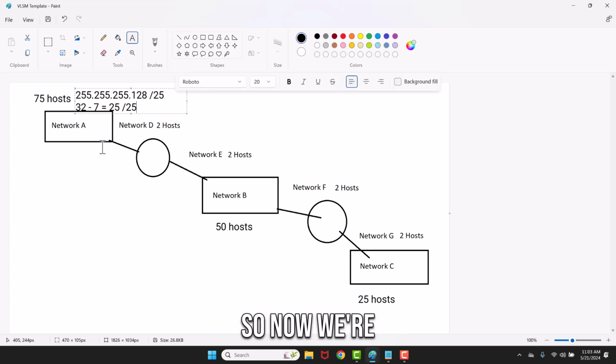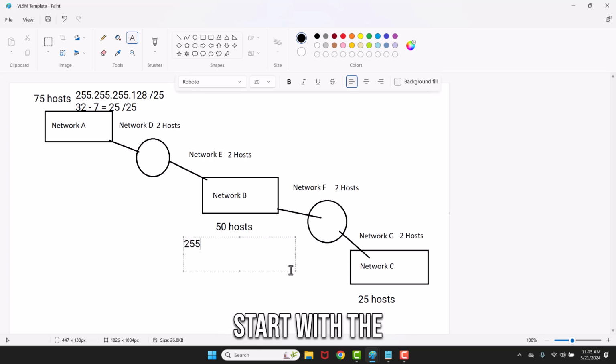So now we're looking at the subnet mask that I need for network B. I needed 50 hosts. That was 2 to the 6th power, or keeping 6 zeros, which means I'm adding 2 ones.